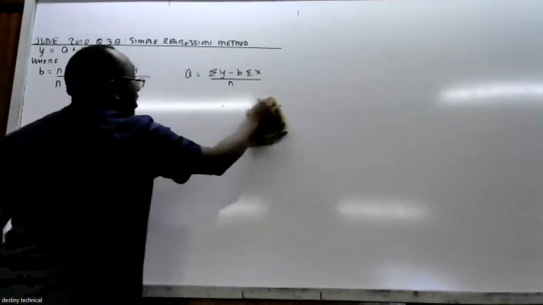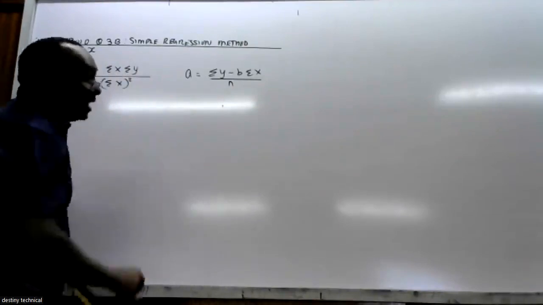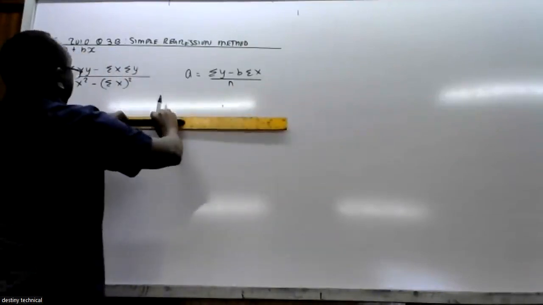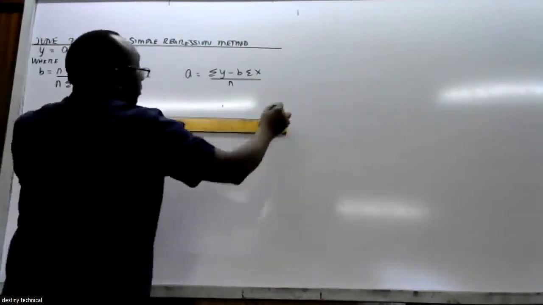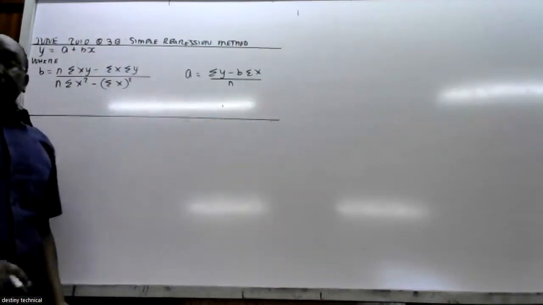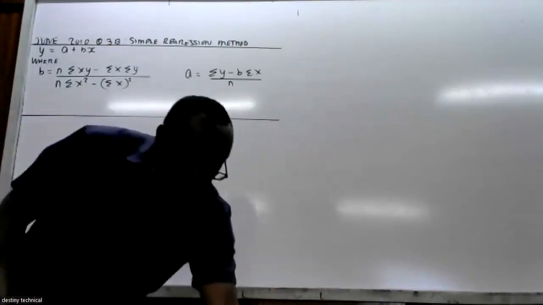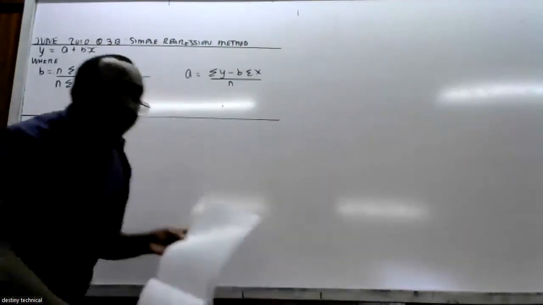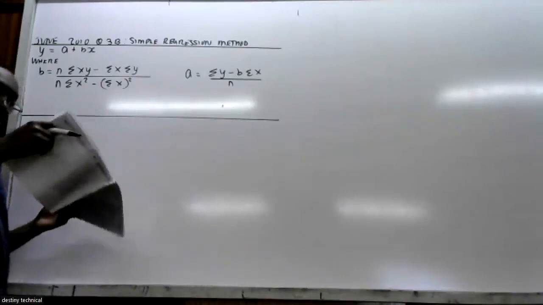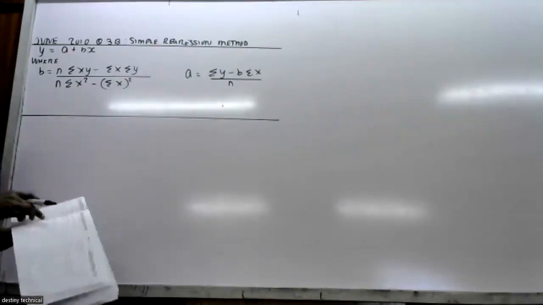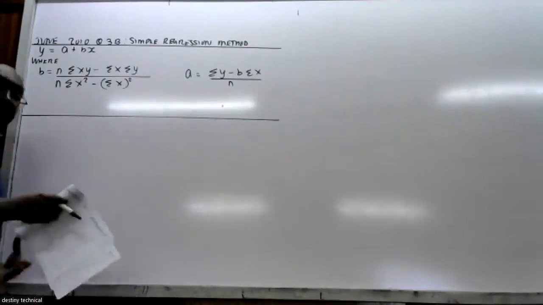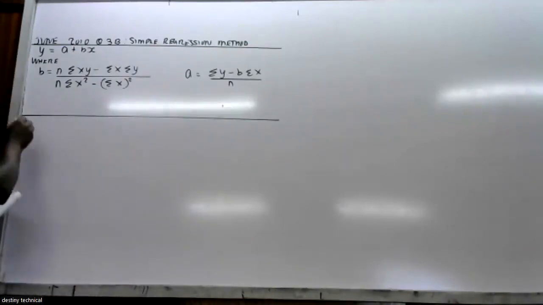And y we said is the variable whose values are being predicted. If you look at requirement 1, it is talking of estimate the contribution. So what we are predicting is contribution.